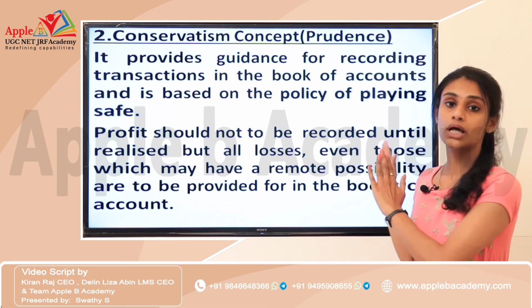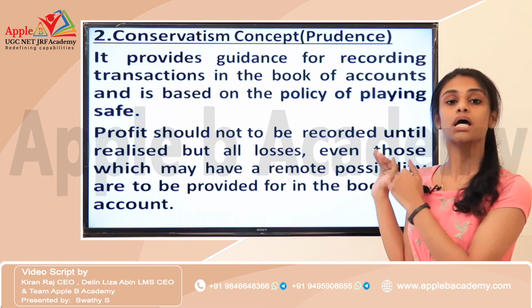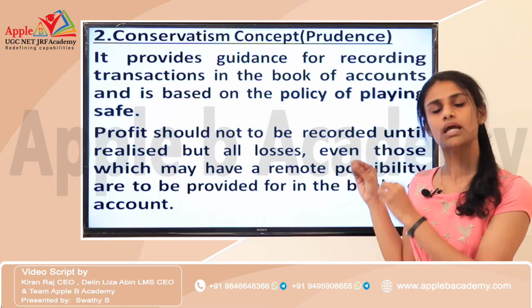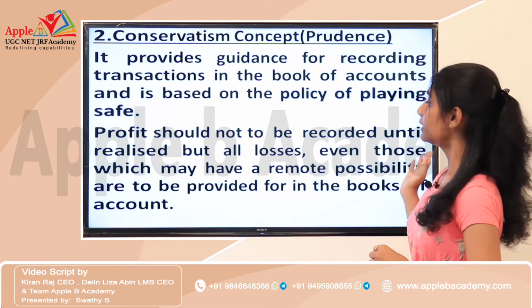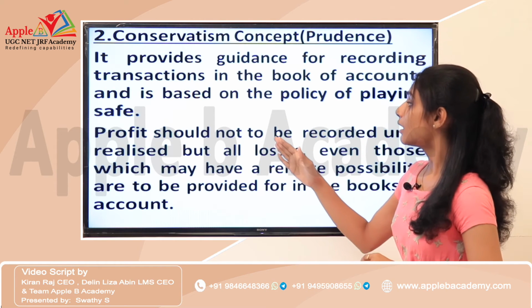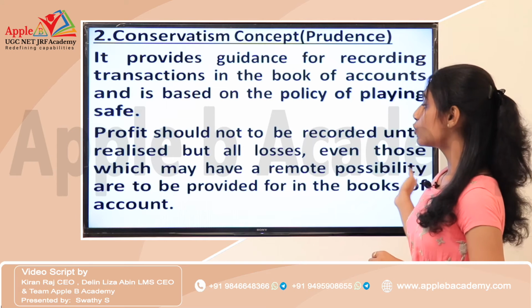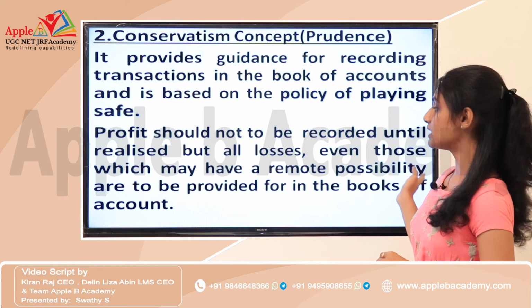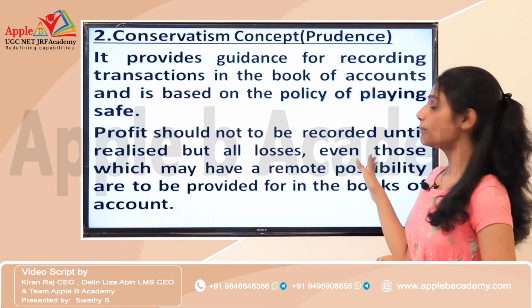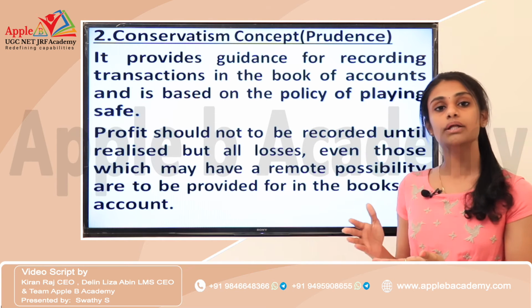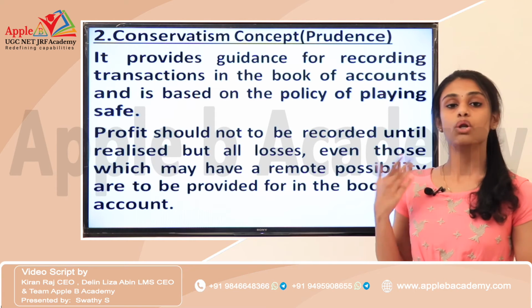You should focus on loss even if it has a lower chance. Profit should not be recorded until realized, but all losses, even those which may have a remote possibility, are to be provided for in the books of accounts. So profit should be recorded only when you realize it, but loss is not like that.